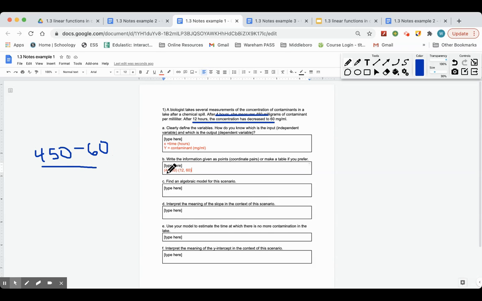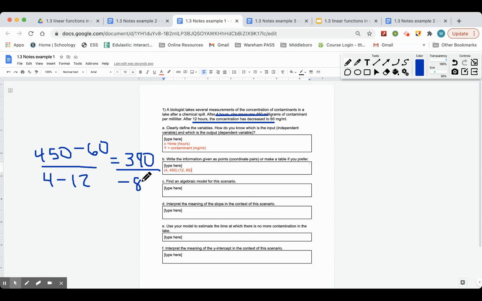And then 4 minus 12. You can use a calculator. Please feel free to go to Desmos and punch this in. So 450 minus 60 is 390. And 4 minus 12 is negative 8.